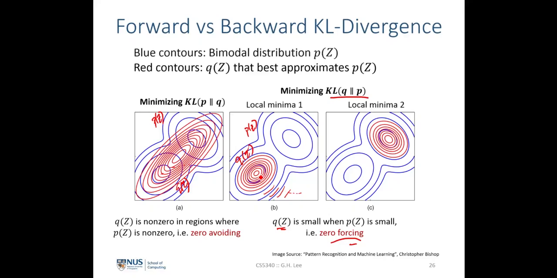In the first case, the peak will align with the first peak in the target distribution. It's 0 forcing. We can see that the low values of Q correspond to the low values of P, as well as in the second case here, where the blue curve is also P of Z, and the red curve represents our proposal distribution Q of Z.